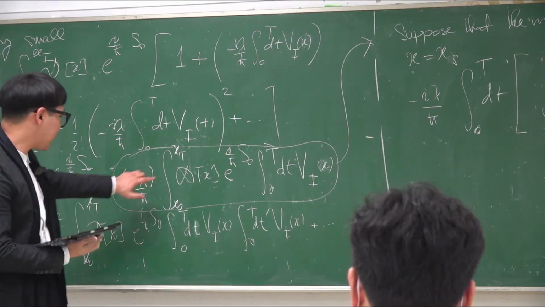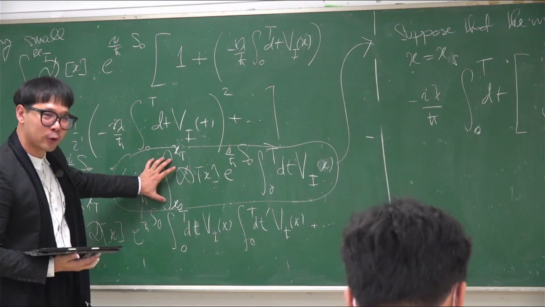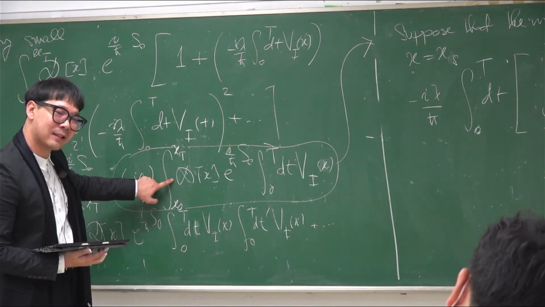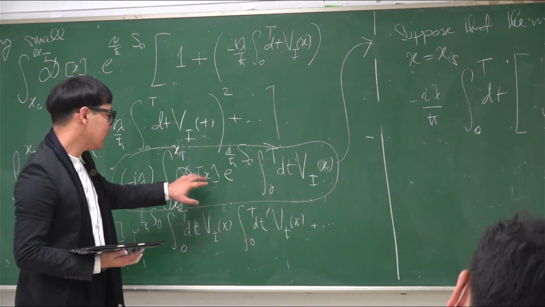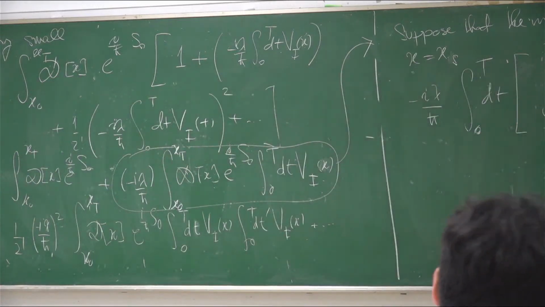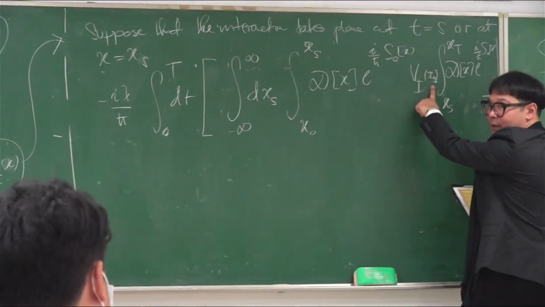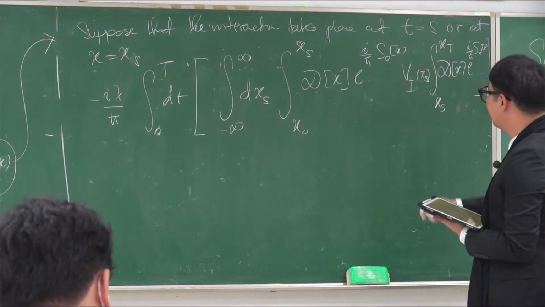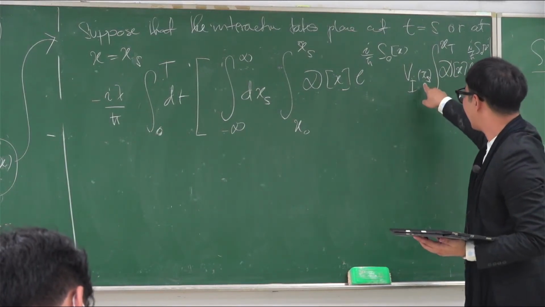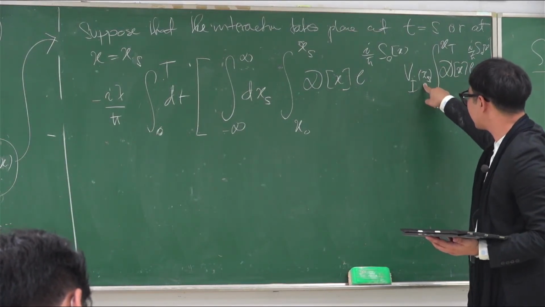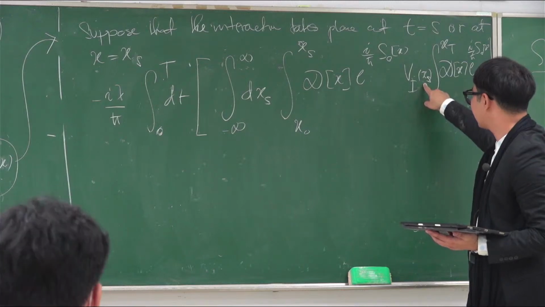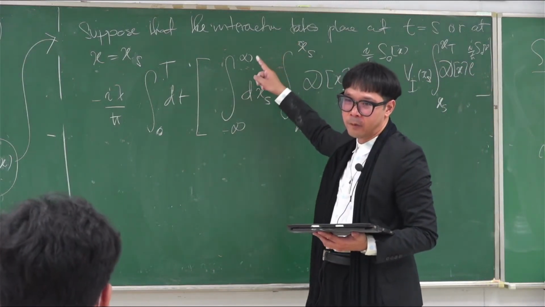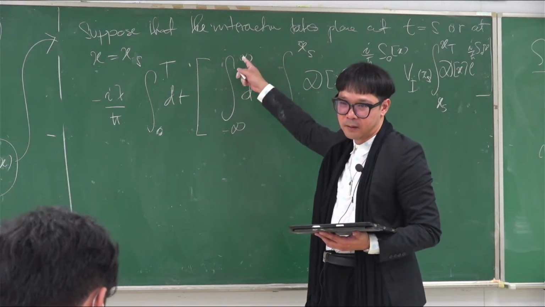So I just split this integration into two bits, right? The first bit starts from x0 to x, and then the interaction happens at this one, and xt, right? But the thing is that the position where the interaction actually takes place can be anywhere from -infinity to infinity.